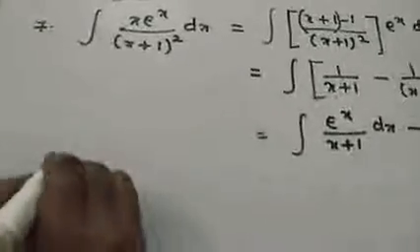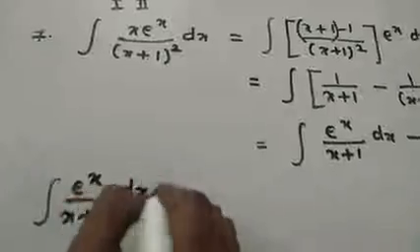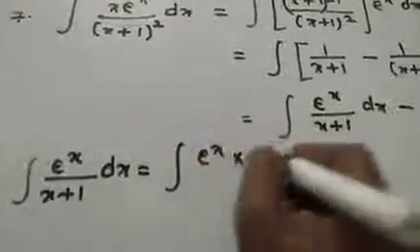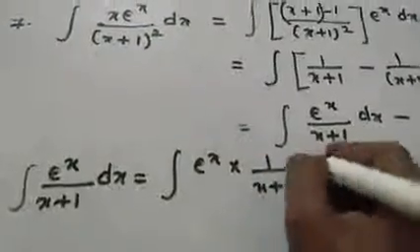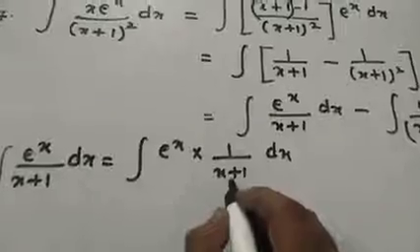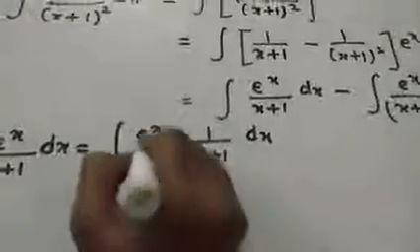So again, that is integration of e to the power x into 1 by x plus 1 dx. 1 by x plus 1 is your algebraic function that comes first, and e to the power x is our second function.